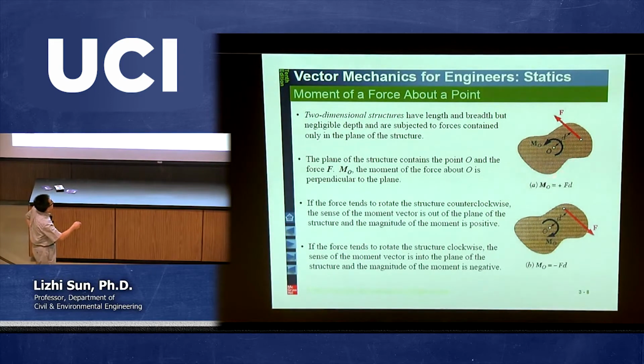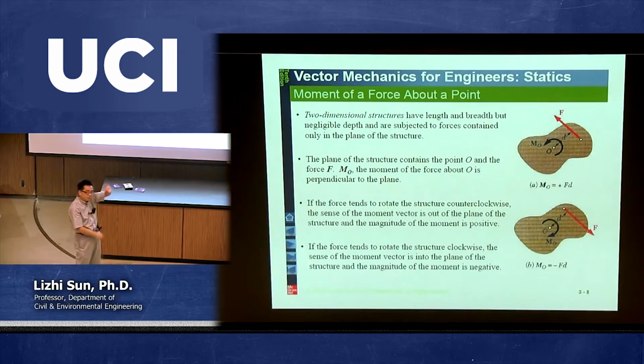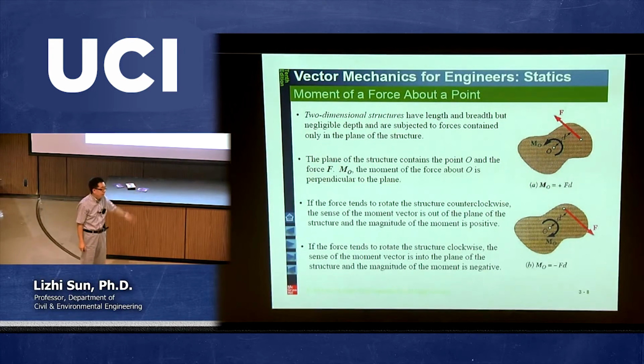So we first identify there is a plane, like the XY plane, for example, and then this force must be acting at some point, but it's in that plane. That's called a two-dimensional problem. If I have a force acting somewhere out of the plane, that's a three-dimensional problem, which I'm not talking about right now.